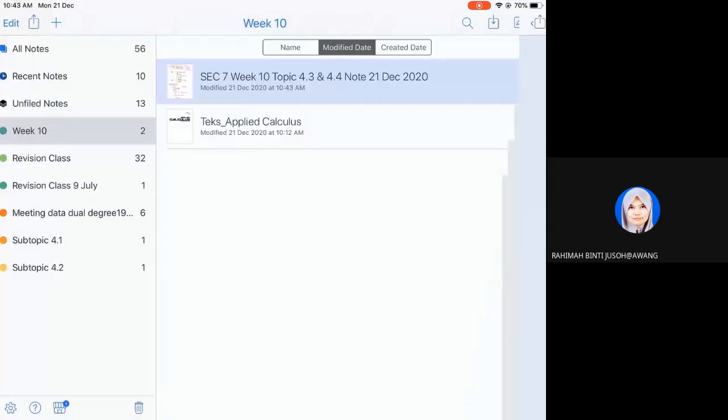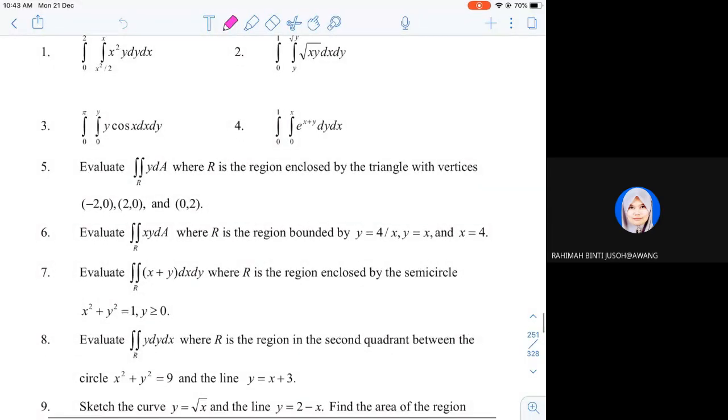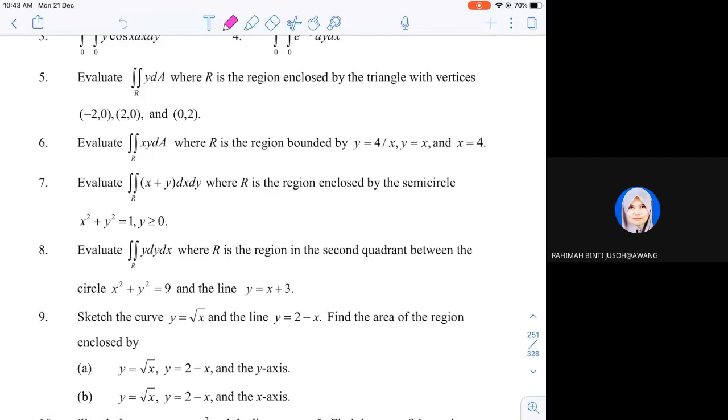So next, I just wanted to explain about dy dx and dx dy. Let us do question number 6. I will solve number 6 until the end.